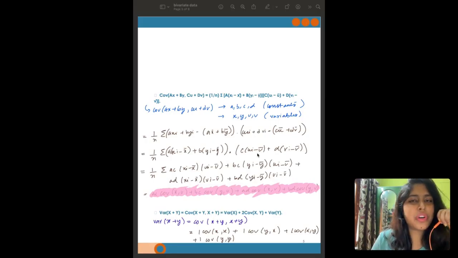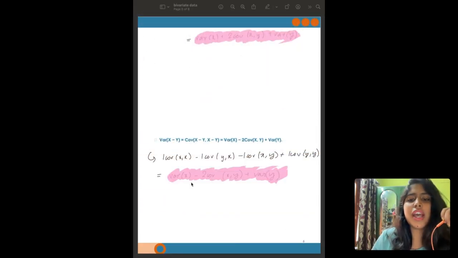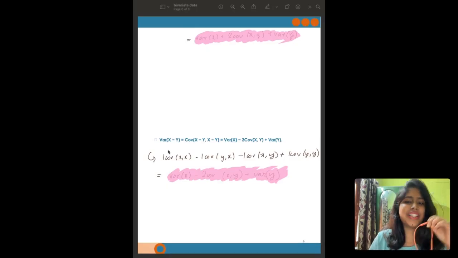And you need to learn it, not memorize it. You do not have to memorize it because this is just an algebraic sum. So property number 4 is basically the addition of variance, and property number 5 is the subtraction of it. That's it. Please write it down in your notes and study for understanding.